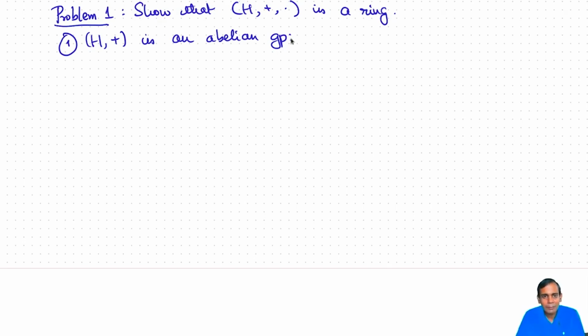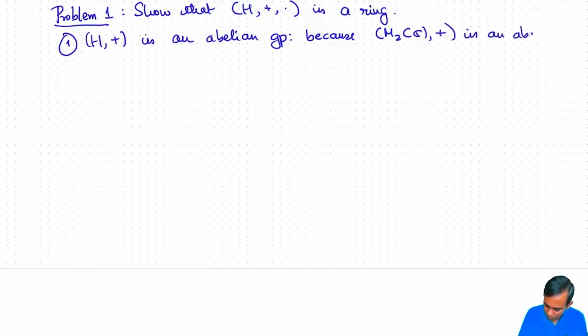We just accept the fact to start with that M2C is a ring, and so M2C, plus is an abelian group. So we just need to check that H, plus is a subgroup.